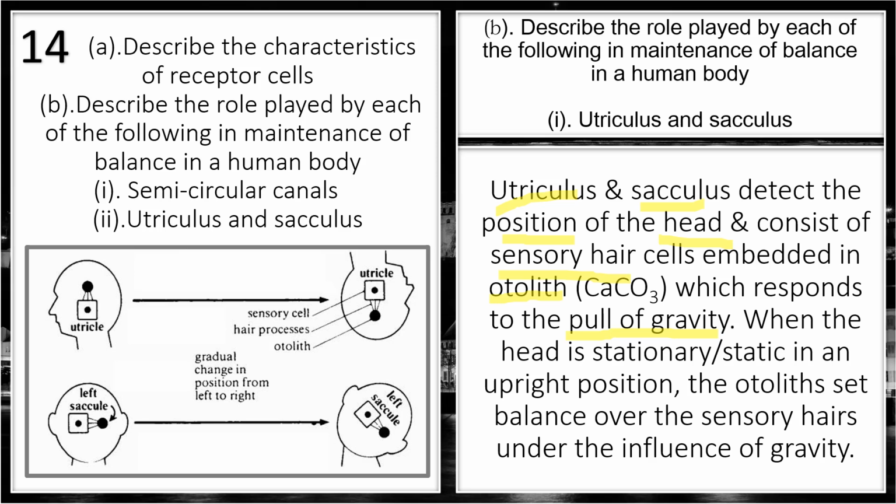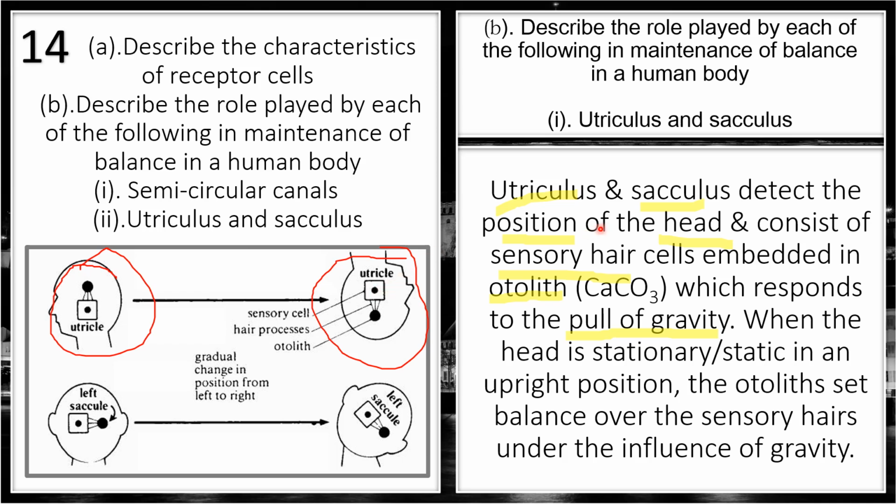We have the utricle here and also here. This part here is what we call the otolith, and it is made up of calcium carbonate. Then we have these lines here. Those are our hair processes. And this one is our sensory cell.